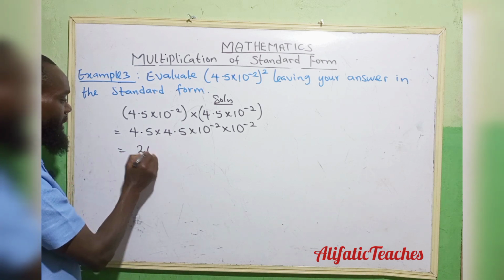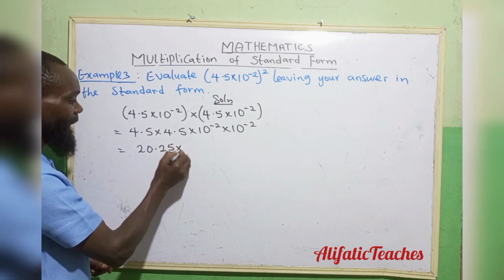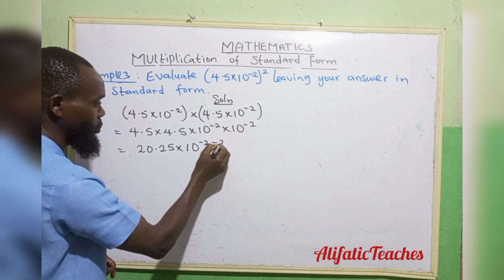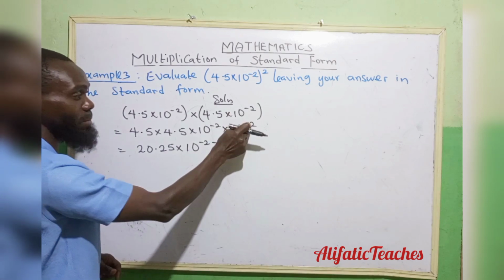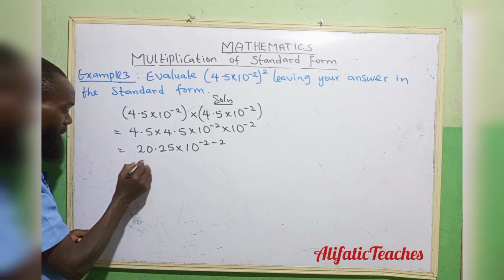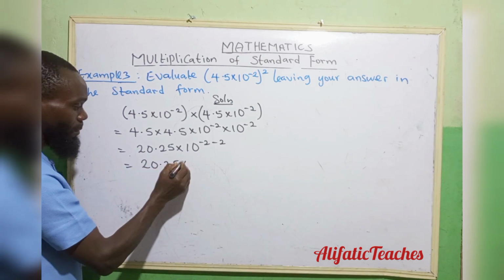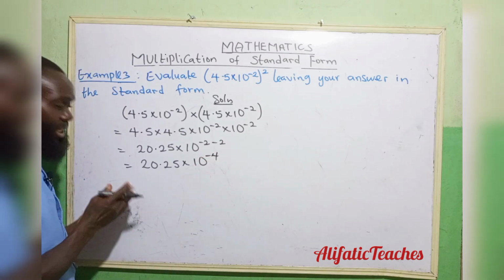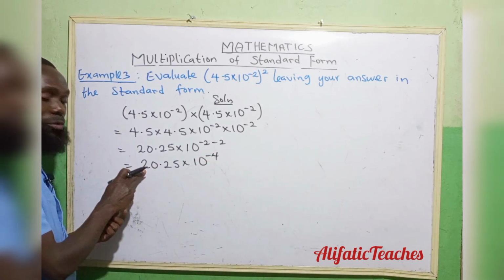Now let us multiply 4.5 by 4.5. We have 20.25 times 10 raised to the power minus 2, then minus 2. Don't forget, this one we change to plus. Plus and minus give us minus. So we have 20.25 multiplied by 10 raised to the power minus 2 minus 2, we have minus 4. But this is not our final answer because our point must be at the back of the first digit.